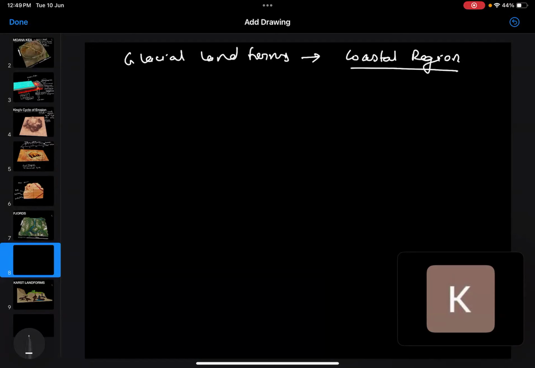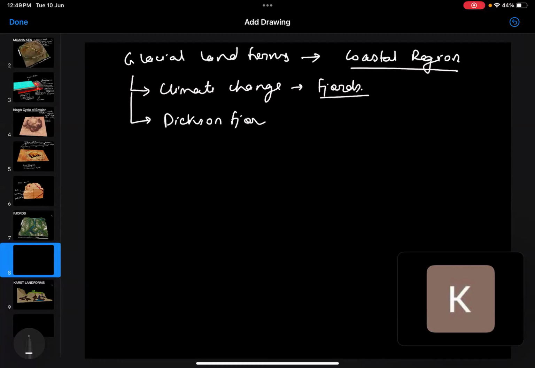Now here we will be seeing that in recent times, climate change has altered these fjords. Okay, this concept is named after Dixon, who has given the concept of fjords and how they are formed.